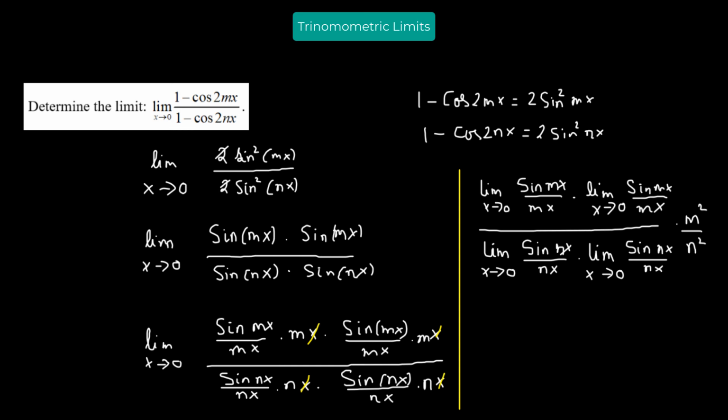Now each of the limiting values will be equals to 1 as per the definition. So we have the limiting value equals to m squared over n squared.